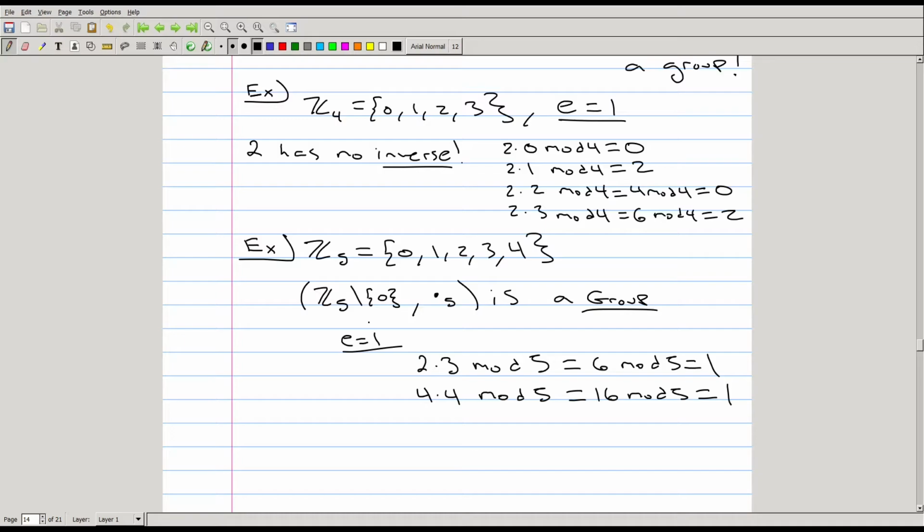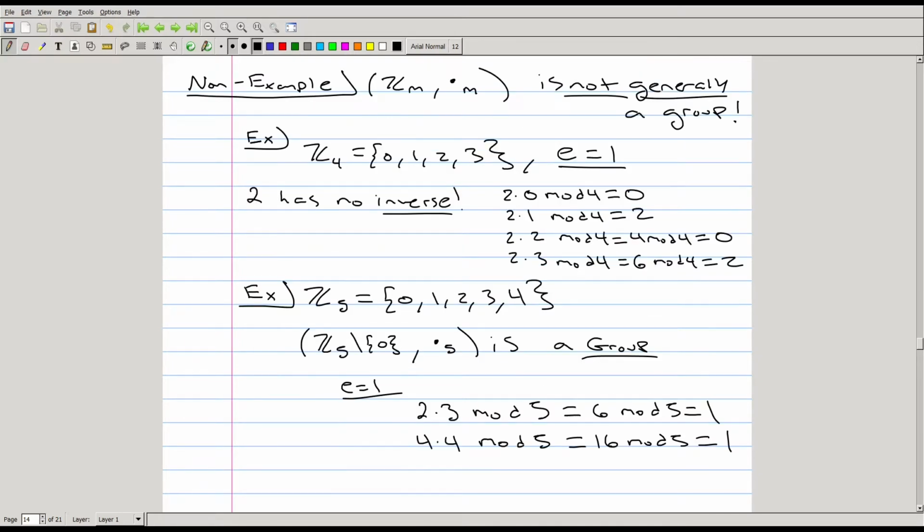The main difference here is that Z4 is a set with modular multiplication, but the number m in this example is not prime, whereas the number m in this example is prime.